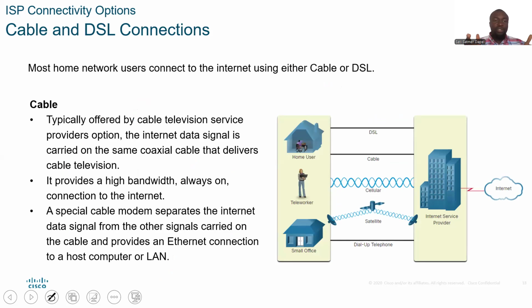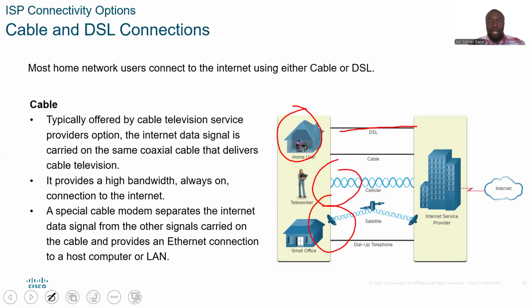Most home network users connect to the internet through either cable or DSL. DSL means digital subscriber line. So maybe in your home, sometimes you connect through cable, meaning you tell MTN or Glo, come and connect me, and they will come and connect you. Or they will connect maybe using Starlink. Yeah, you can connect using Starlink, or you can even buy a simple router and then connect.